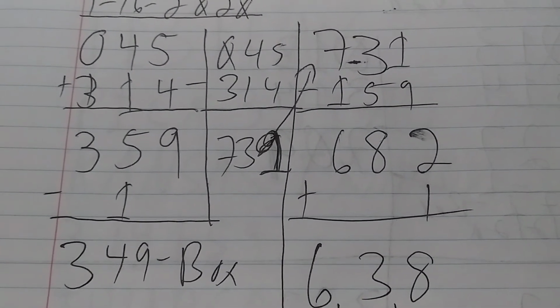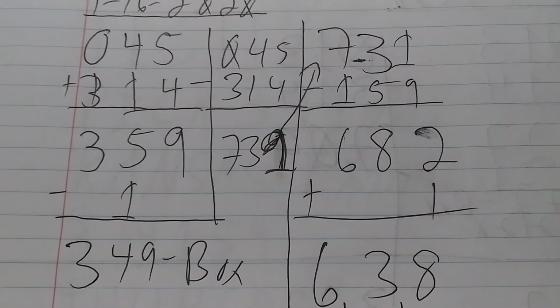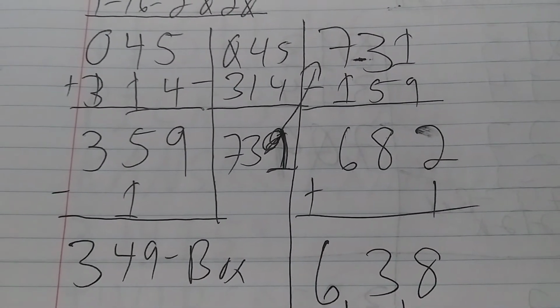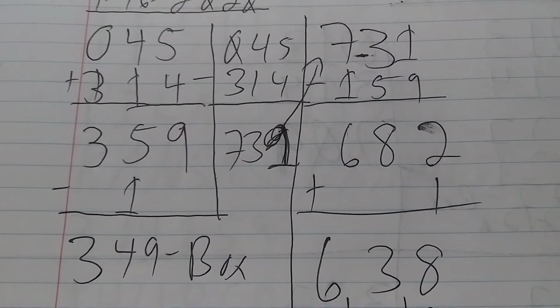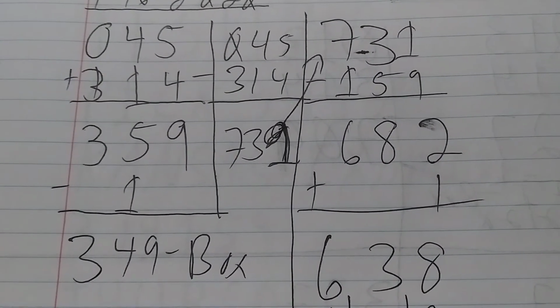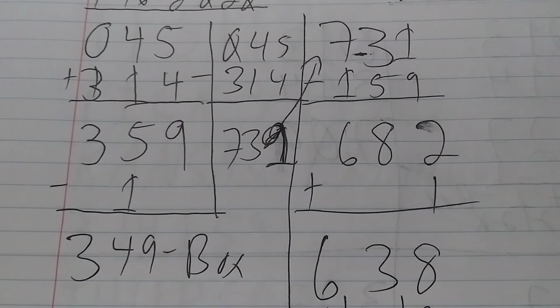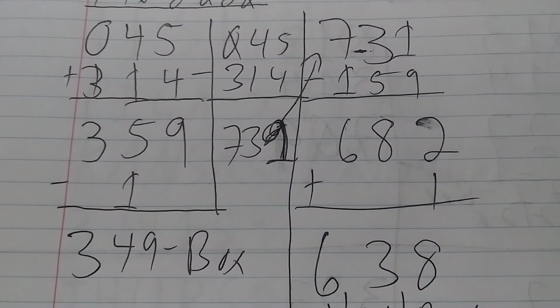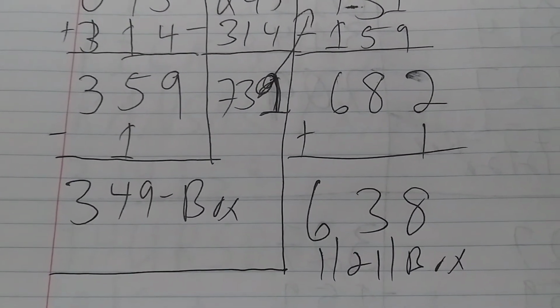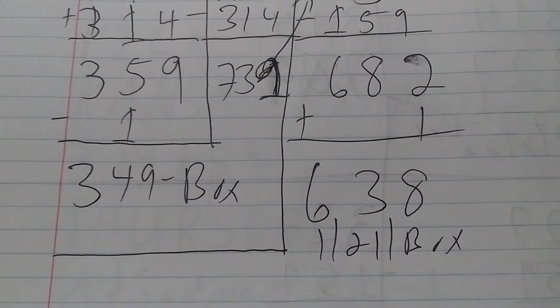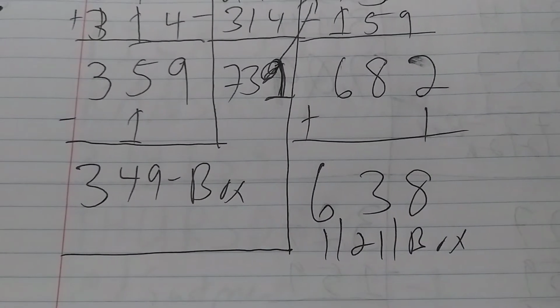You also subtract off 159 from 731, so 7 minus 1 is 6. 13 minus 5 is 8. And then 11 minus 9 is 2. Add the 1 to the 2. That gives 638. That was a box hit on January 21.